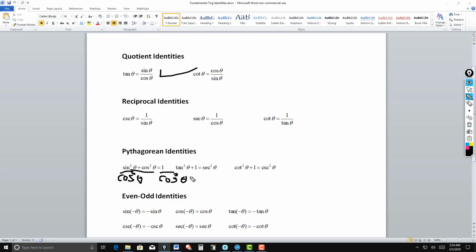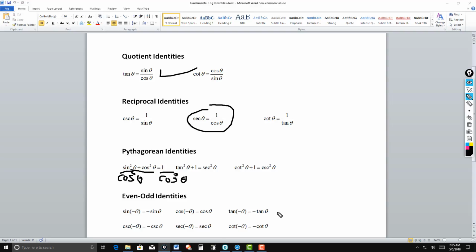That's 1 there. And then, of course, on the right side, 1 over cosine squared, because secant and cosine are reciprocals, should be the same thing as secant squared. Okay, basically from this identity right here.